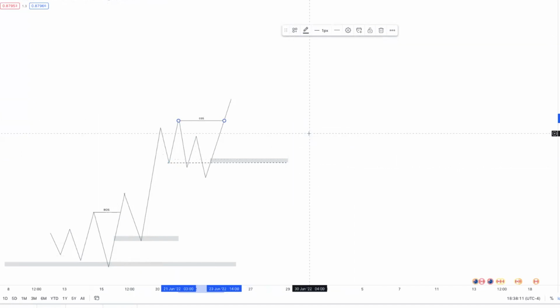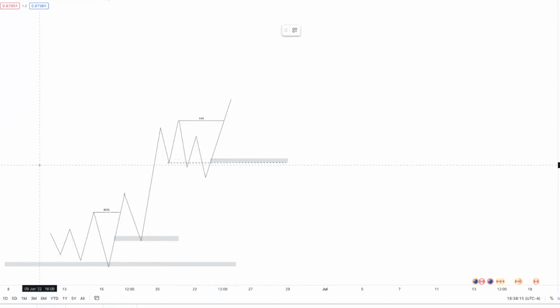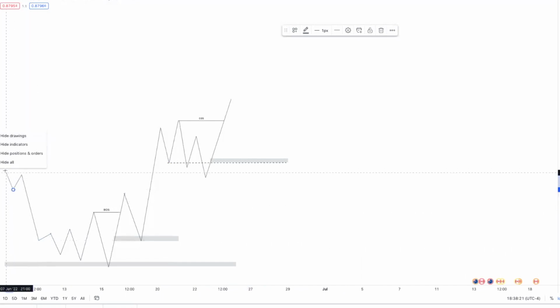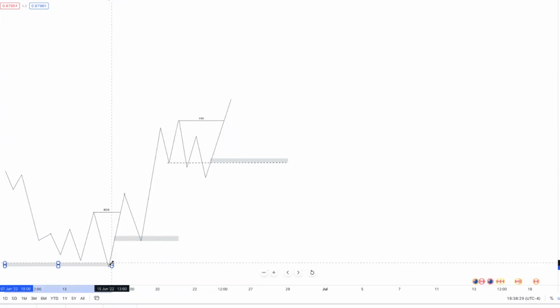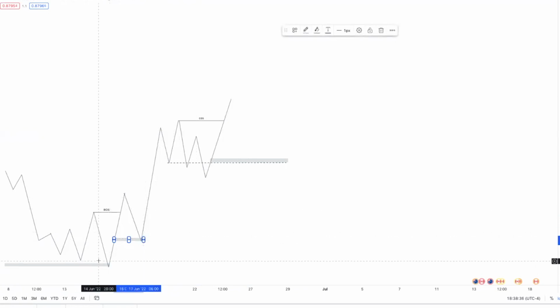Breaker structure is changing structure, AKA, if we were in a downtrend and now we're changing structure in this POI to go up. Right, this is a breaker structure. This is a previous point of interest.